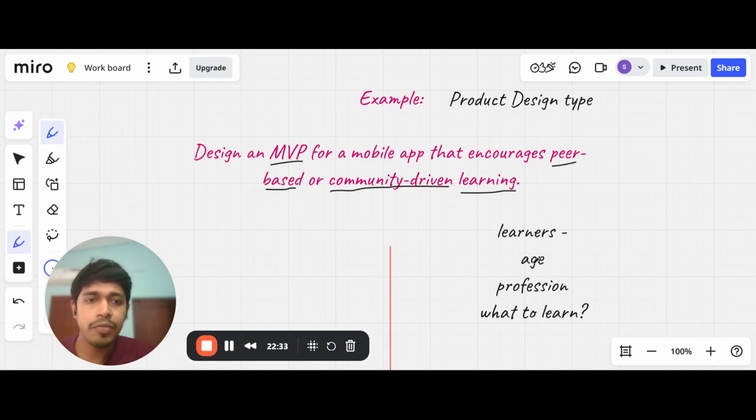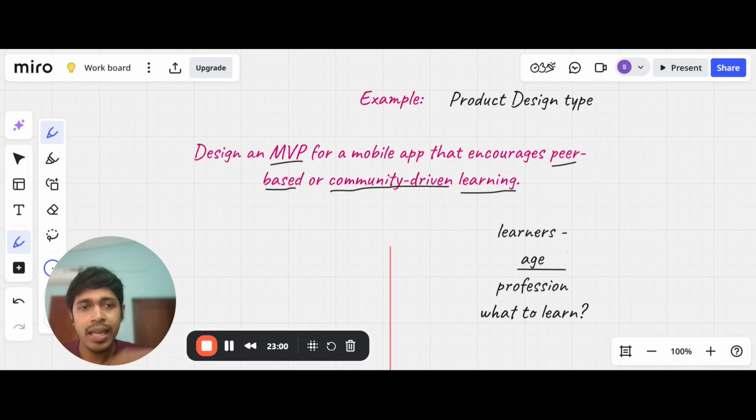So let's say age is the criteria, we have to think of different age groups. Let's say teenagers, right? Another set is college students. Another set is people who are professionals. Another set is more than 50 or 60 years of age. So each of them will have a different set of problems.